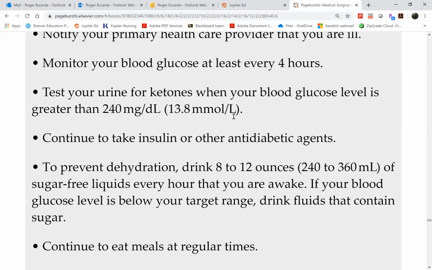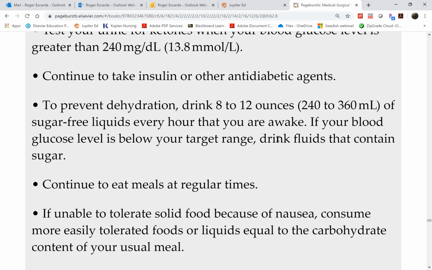Continue to take your insulin. Of course, you have to check your sugar before you administer insulin or your oral anti-diabetic pills. And stay hydrated. Do not stop drinking. If you get to a point wherein you can no longer eat anything by mouth, let's say even fluids you cannot tolerate anymore, then it's time to visit the hospital.